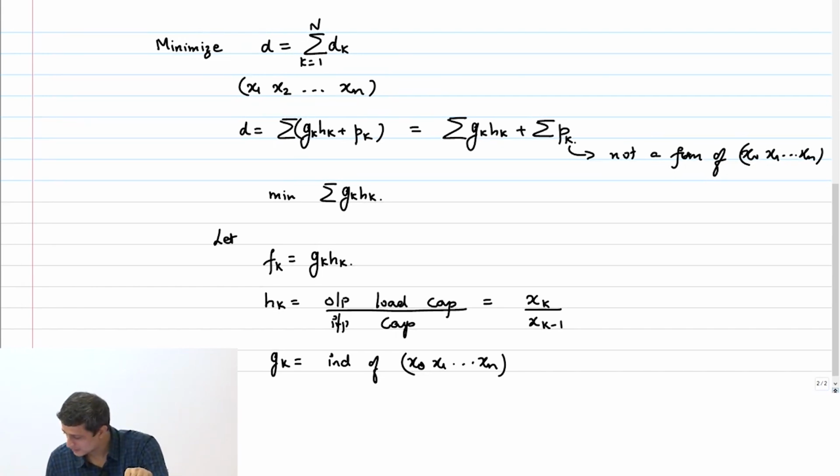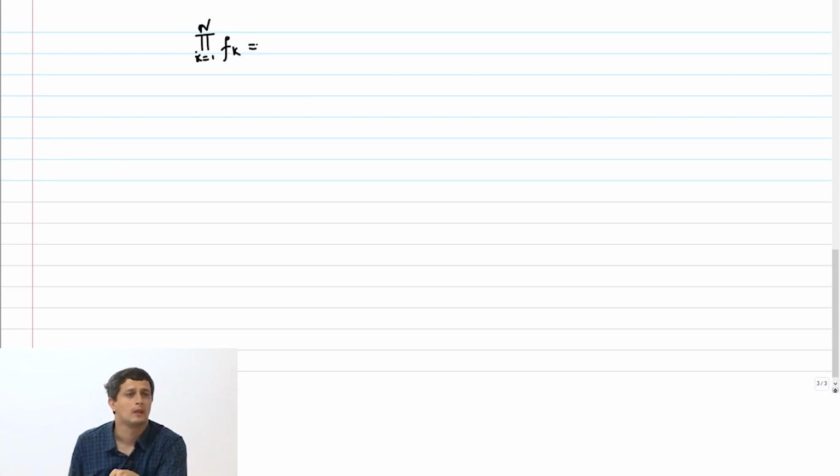Okay. So let's now look at this number. I'm going to look at the product, k equals 1 to n, of fk. This is nothing but the product of gk into hk.